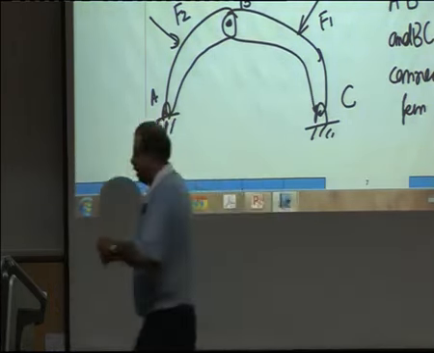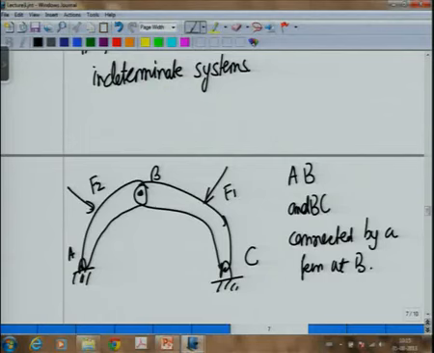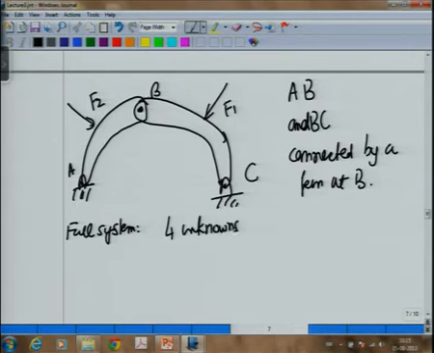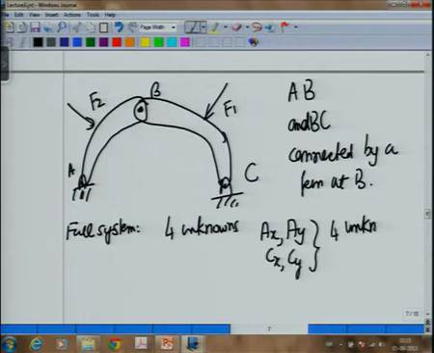Okay. So, let me write this down, full system if I look, there are 4 unknowns, Ax, Ay, Cx, Cy, 4 unknowns, 3 equations.